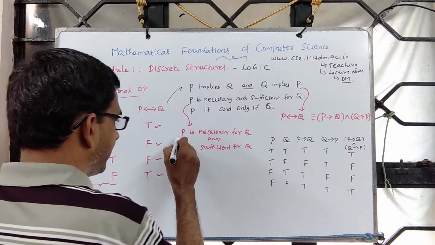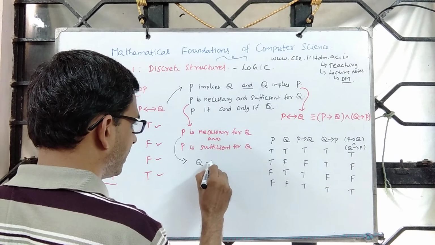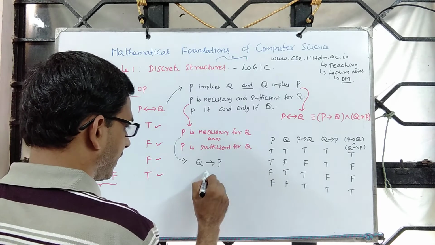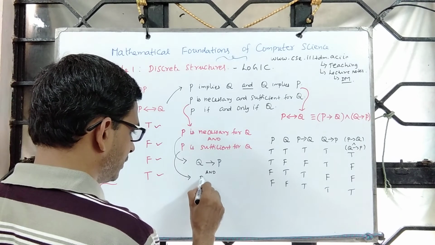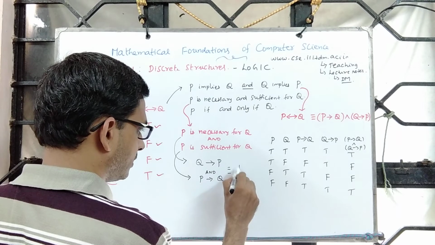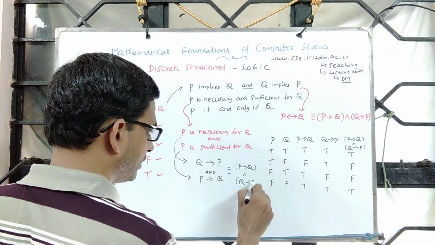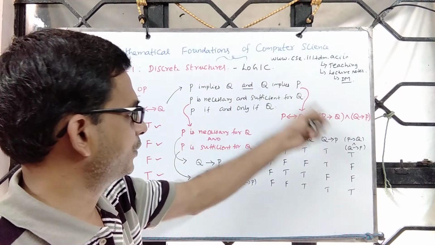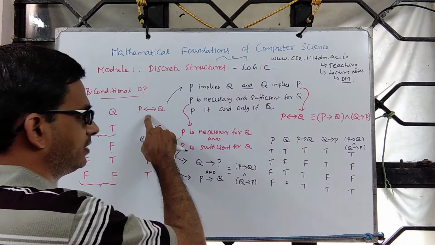So P is necessary for Q implies that Q implies P. And P is sufficient, which means it is P implies Q. So what is this? It is P implies Q and Q implies P. That's precisely what it is. So saying this and this and this are one and the same.